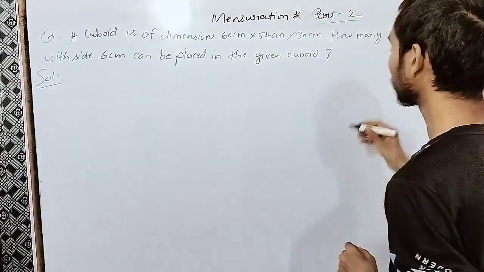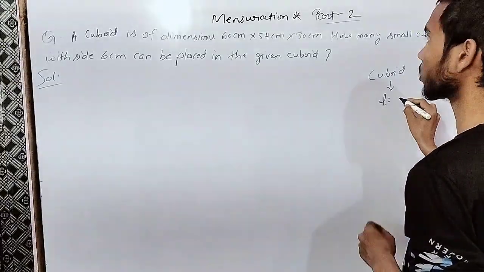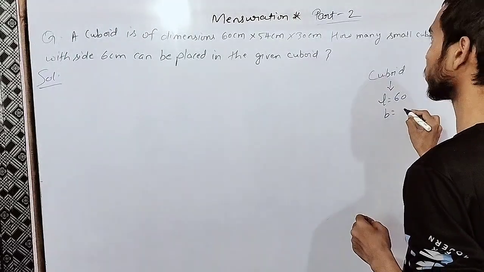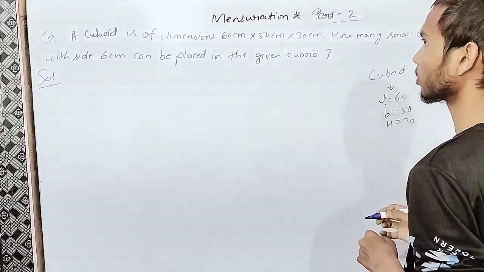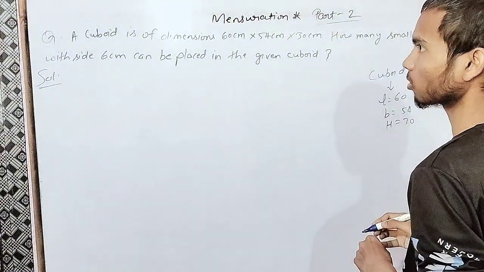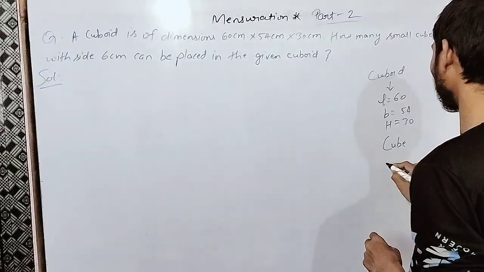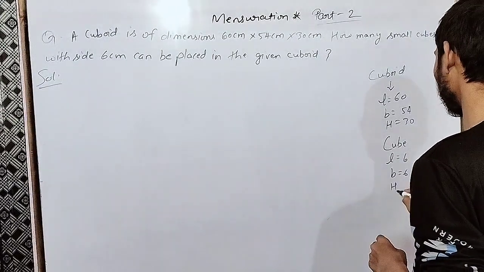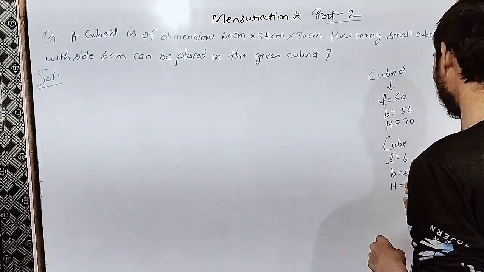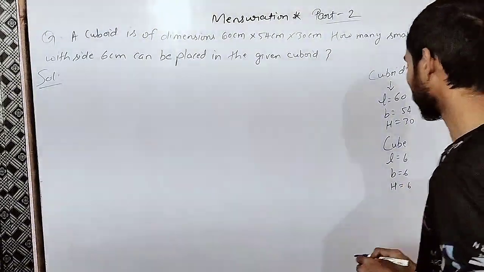So the cuboid has L is 60, B is 54, and H is 30. How many small cubes? And the cube has L is 6, B is 6, H is 6.